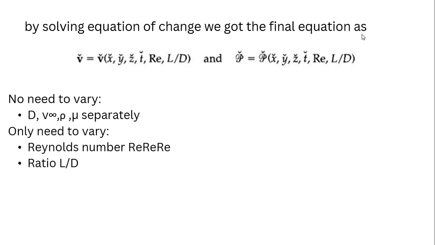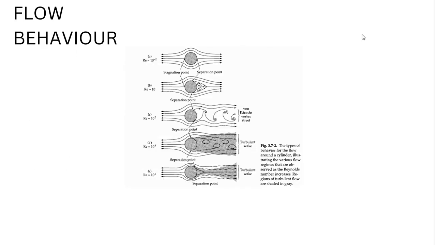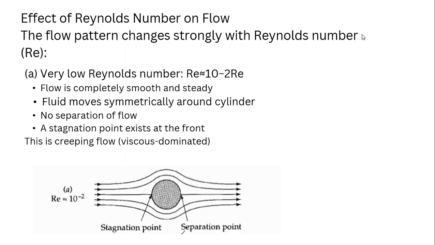So from here we see that we do not need to vary the diameter, velocity, density and viscosity separately. We just need to vary the Reynolds number and the ratio of L by D. So as you can see the flow behavior at different Reynolds numbers, let's discuss one by one.